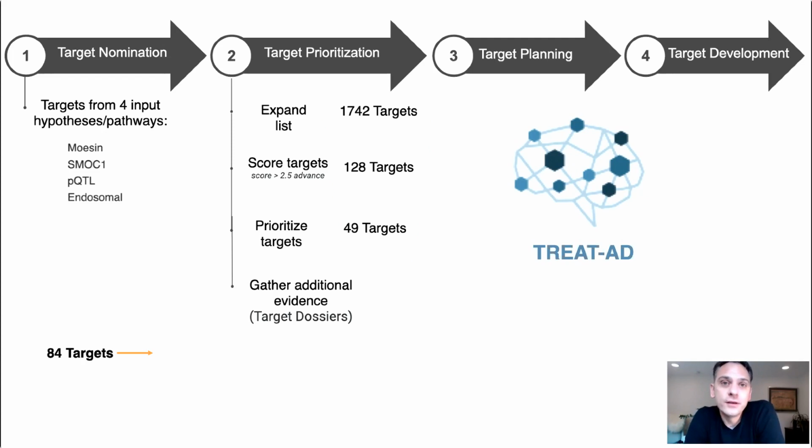So this is where NIA has invested in the Treat AD effort, which is the idea is basically to use the targets that were identified in the AMP-AD consortium, identify which ones might be druggable, and then develop tools so that the people who are doing drug development can take it to the next step. And so currently that means taking the targets, maybe sometimes expanding those into a larger set of possible targets based on druggability. So going back to the modules that appear, and then identifying the best targets within modules.